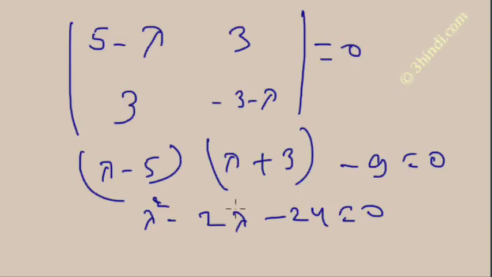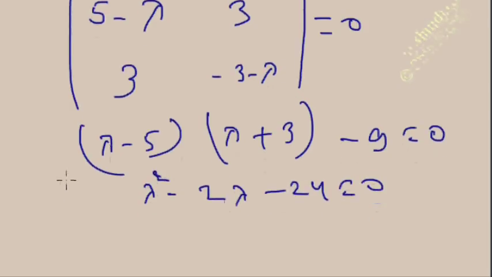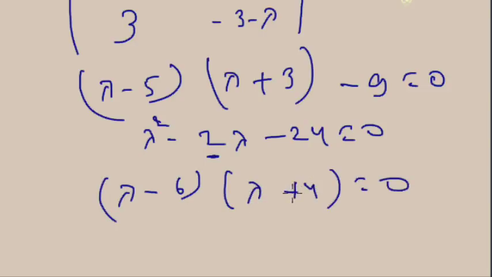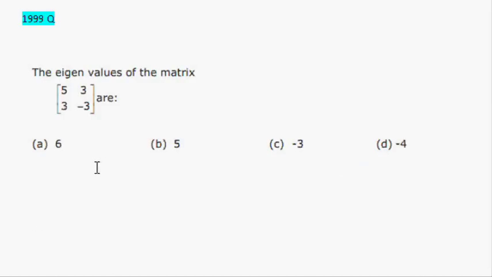When you expand this, it comes as lambda square minus 2 lambda minus 24 equal to 0, which factors as lambda minus 6 into lambda plus 4 equal to 0. So lambda is equal to 6 and minus 4. There are two eigenvalues, 6 and minus 4, so A and D are the solution.